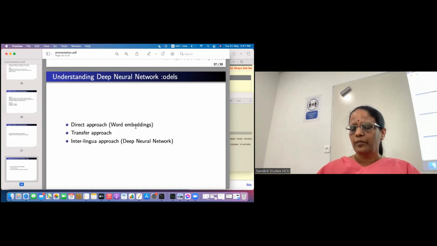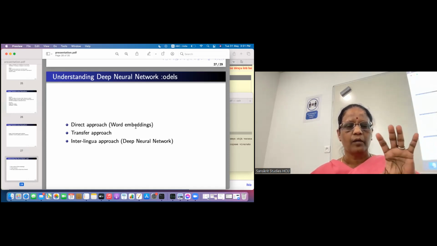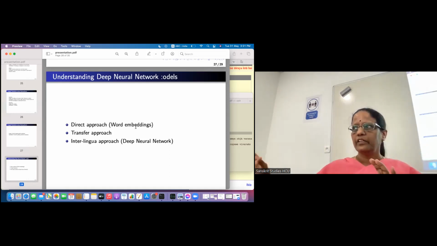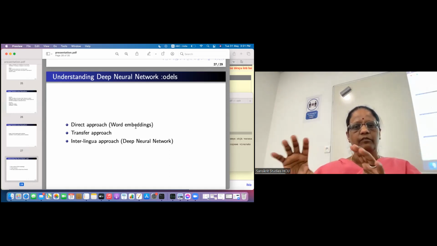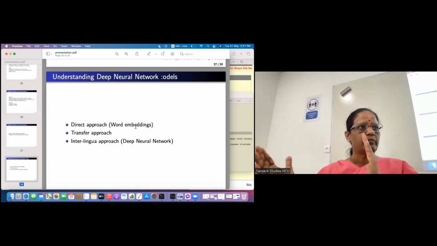English and Hindi they had already worked on. So they had the English words and the corresponding word space, Hindi words and the Hindi word space or word meaning representation, and a mapping between English and Hindi also existed.